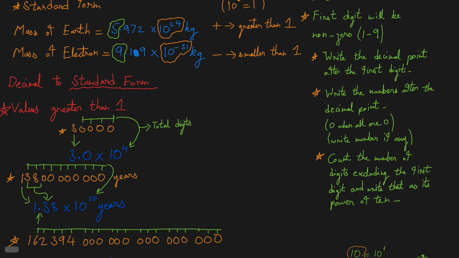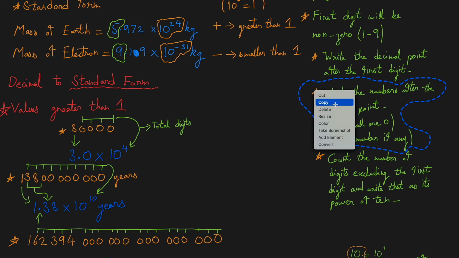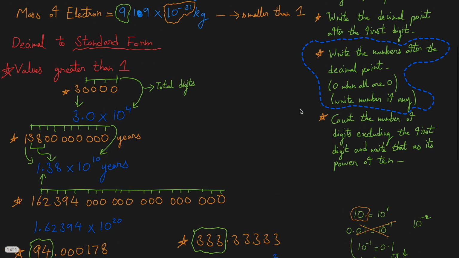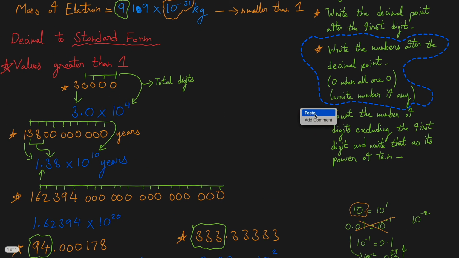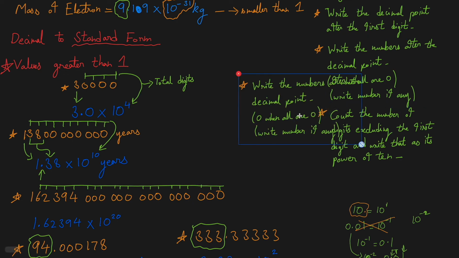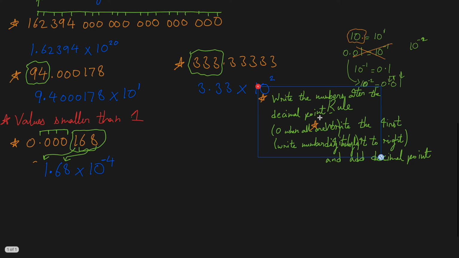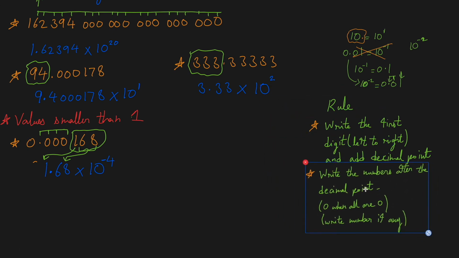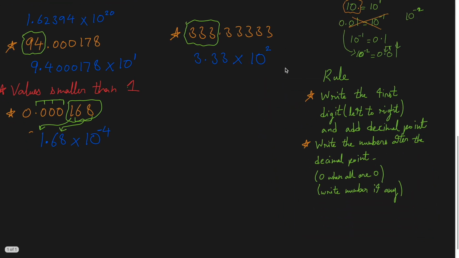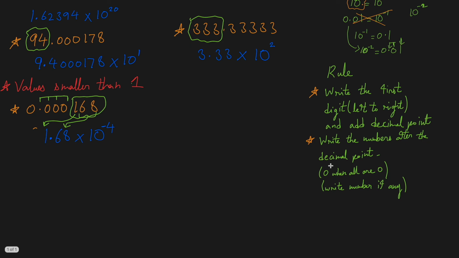So what I was going to do was, if these are the same, then why not copy? Okay, I can do that. Okay, after the decimal point 0, when all are 0.